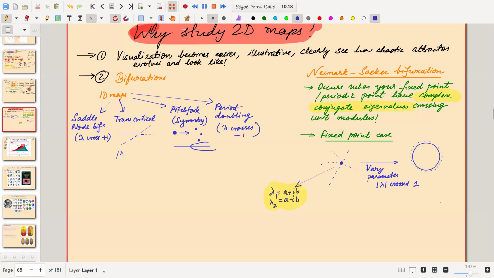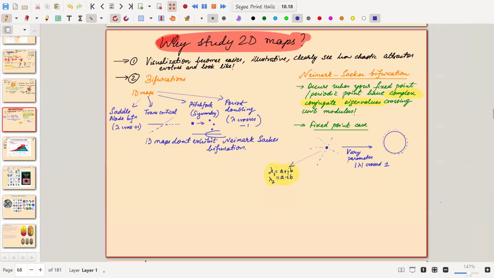Therefore, 1D maps don't exhibit Neimark-Sacker bifurcation. And therefore, the minimum dimension to have Neimark-Sacker bifurcation is equal to 2.